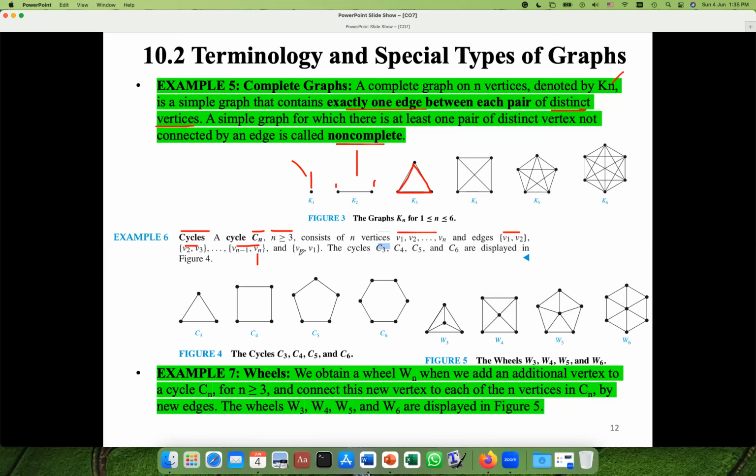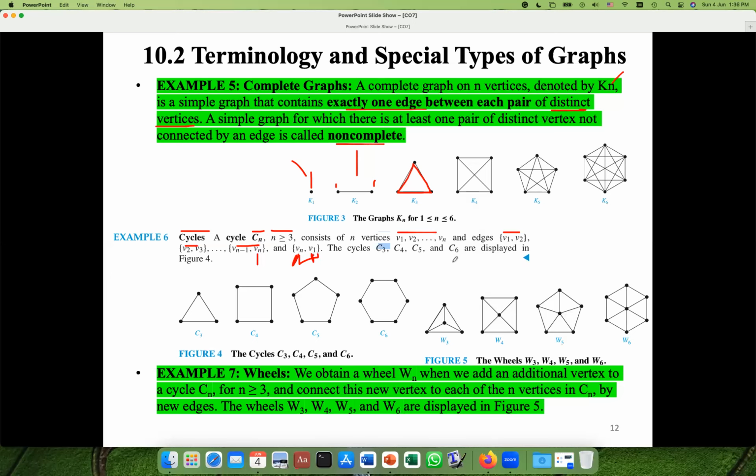But then another edge is needed from Vn to V1, which will complete the cycle. This last edge, from the last node to the first node, is important because it completes the cycle.